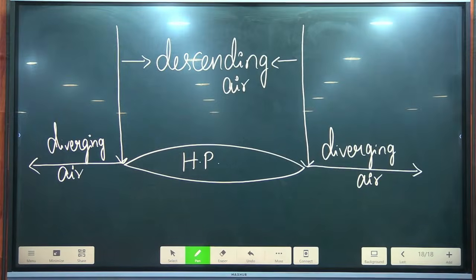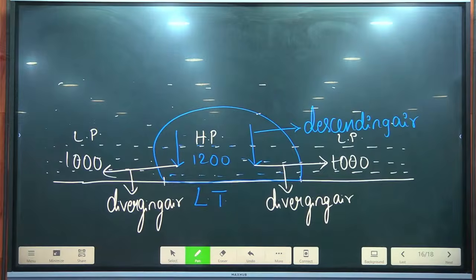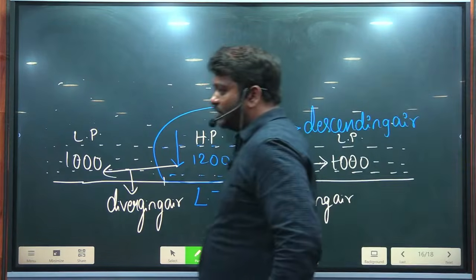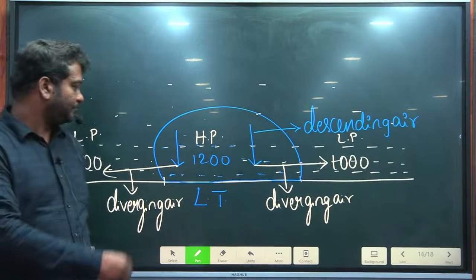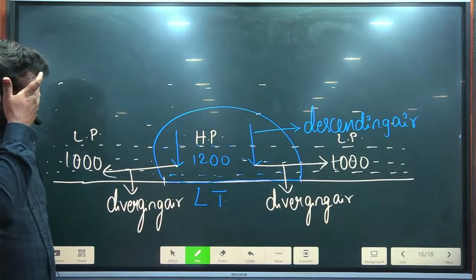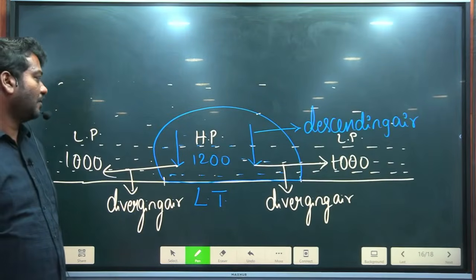Below this, first you write: thermally induced high pressure. Hyphen.